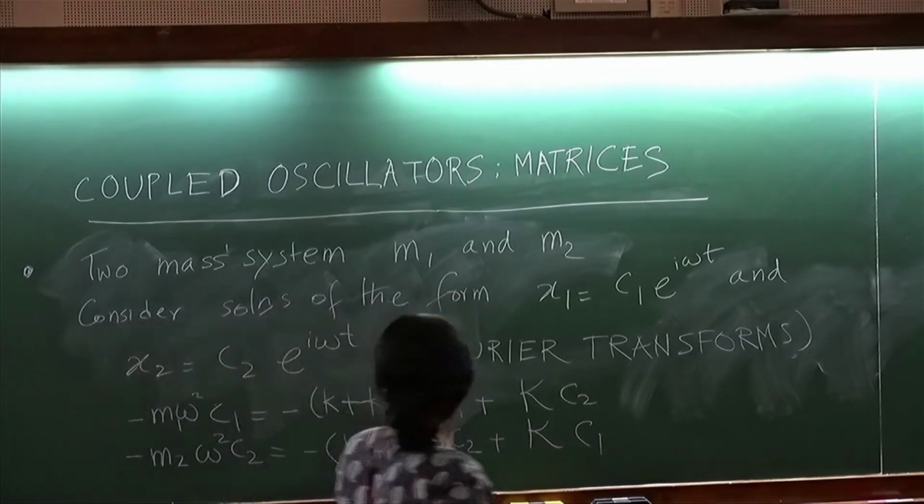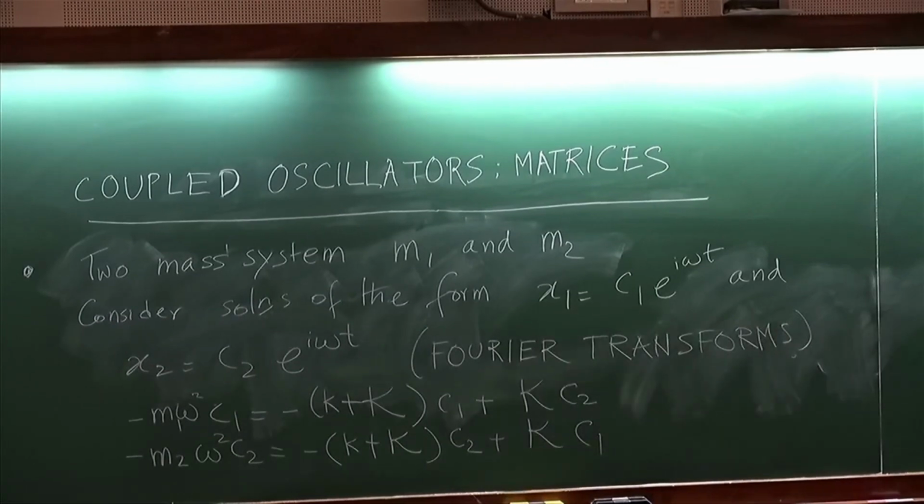And this can be cast in a matrix form, which I'll write here. Okay. So the matrix under consideration, the 2 by 2 matrix, is of this form. You can convince yourself about this looking at the equation.